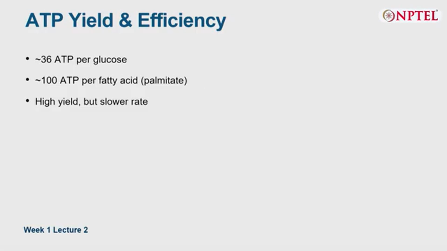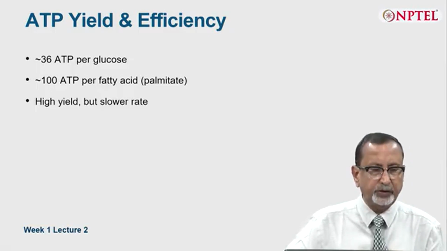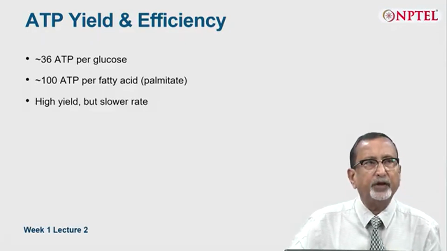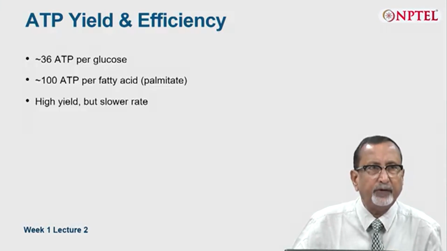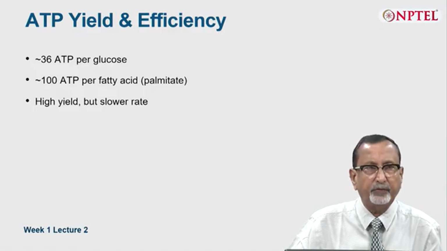So the ATP yield and efficiency is 36 molecules of ATP per glucose. Normally it is in the textbook, but some of the new textbooks show it is 32, because earlier 1 NADH produced 3 ATP molecules, but later on it was revealed to be 2.5 ATP molecules, and for FAD, earlier textbooks said 2 molecules of ATP, but now it is 1.5 molecules of ATP.